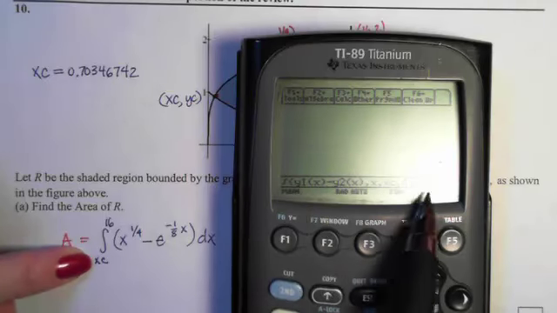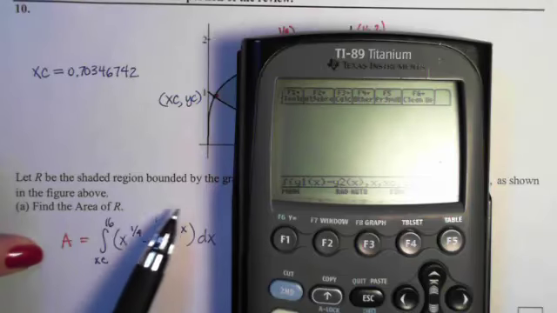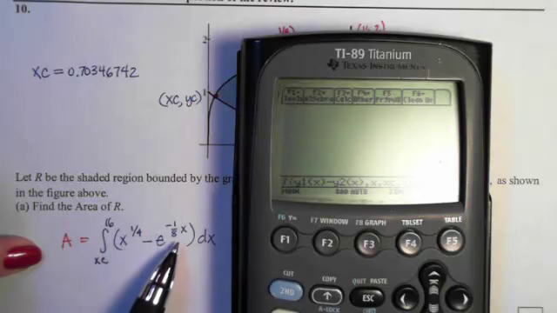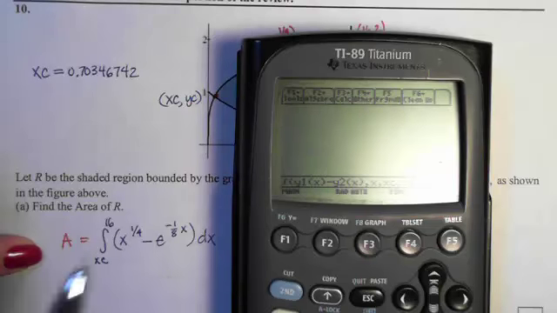Now notice what I have in my calculator is not what I have written on the paper. On the paper, I need to show that I know what that top curve is and I know what that bottom curve is, and I need to actually set up the integral because part of your points come from having that setup. The integrand needs to be correct.